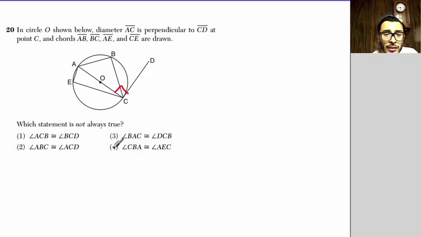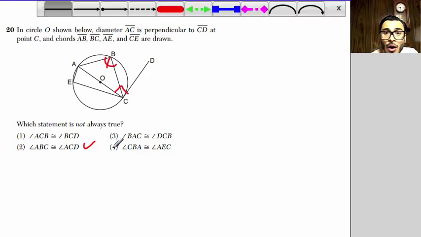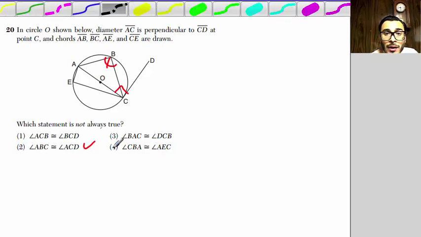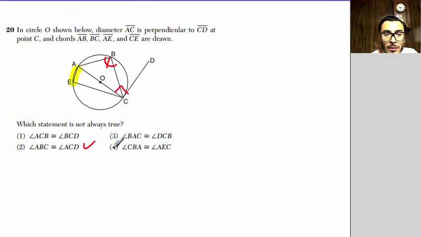All right, let's start with choice 2. Choice 2 says angle ABC, that's this guy over here, is congruent to angle ACD. That's the 90-degree angle. That's always true. Let me tell you why. Angle B is an inscribed angle, and it's going to be half of the arc AEC.